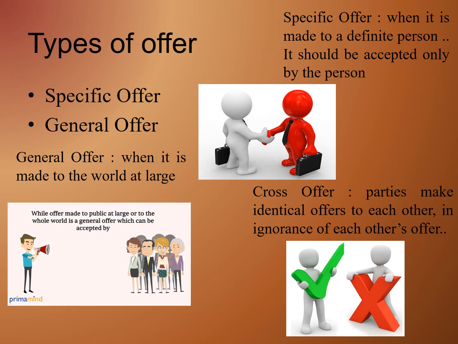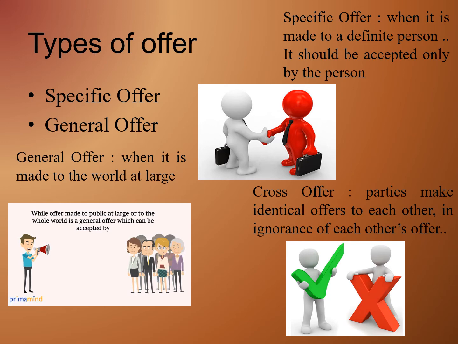In case of a specific offer, when A is willing to enter into the contract with B and communicates his thoughts in terms of an offer to B, then B is the only person who can accept that offer.